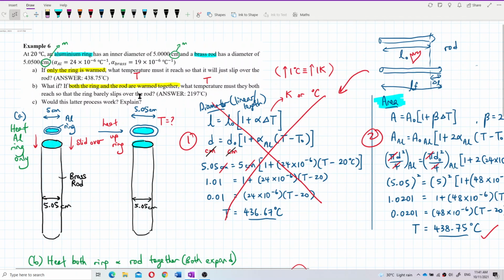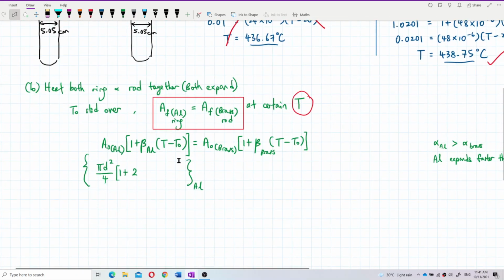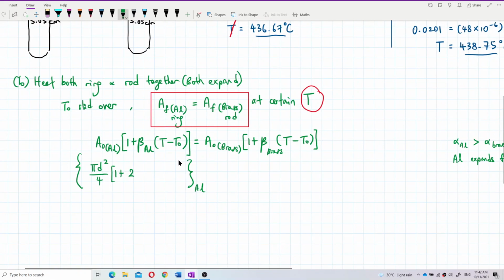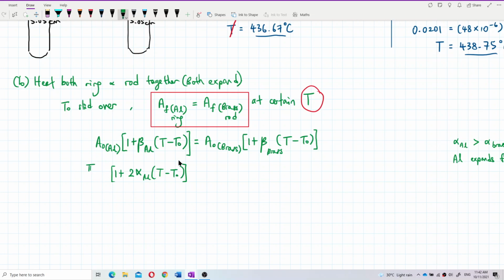So substitute beta with 2 alpha, this alpha for aluminum, and T minus T naught. This diameter is the initial diameter for aluminum.